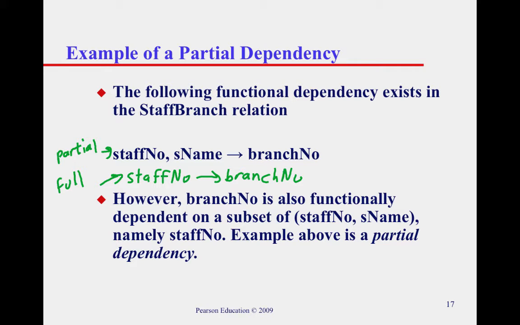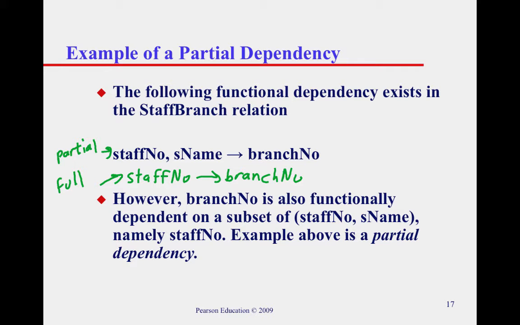Yeah, usually full means more than partial. Here, partial means more than full. So I often find myself fuzzy on this, but it's just the way it is. Partial dependencies actually have a superset of attributes, and full functional dependencies have proper subsets.